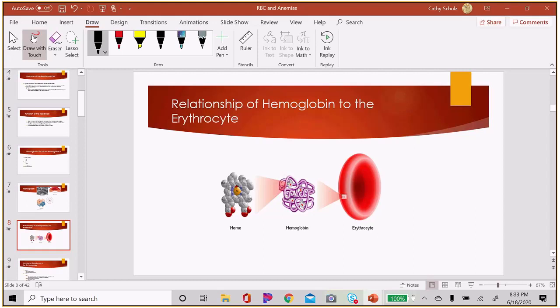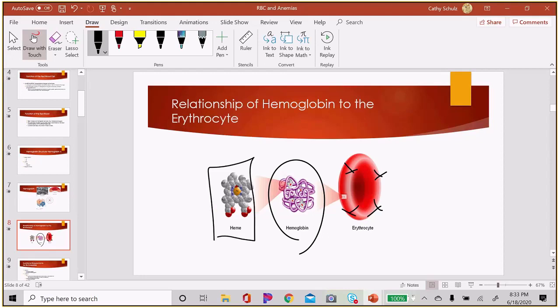I'd always thought here's this red blood cell with 4 little carrier sites for oxygen, but that is not the case. Each red blood cell has hundreds of hemoglobin molecules in it, and each hemoglobin molecule has 4 heme binding sites that allow for oxygen. So each red blood cell has lots and lots of oxygen in it, potentially.